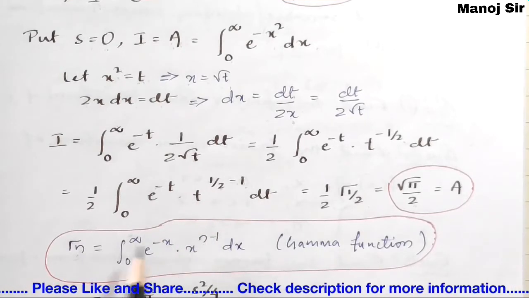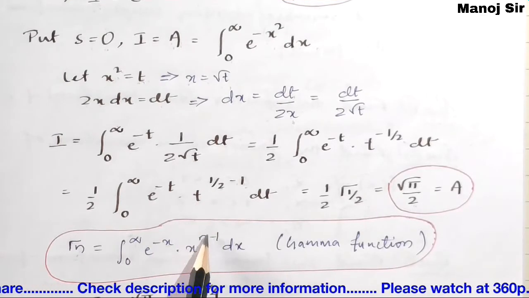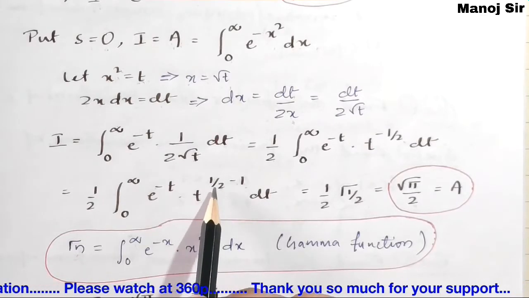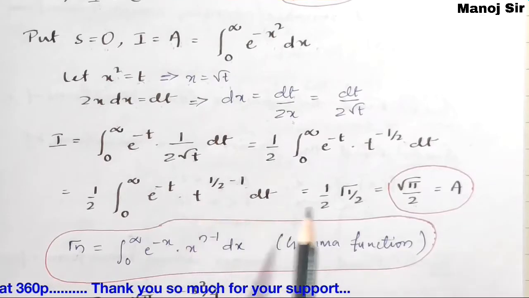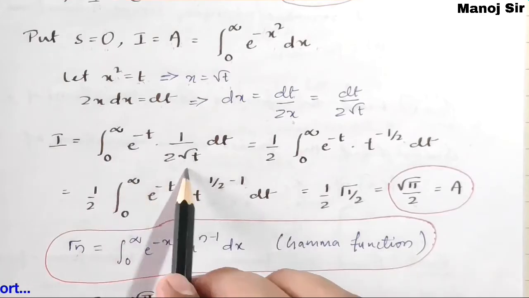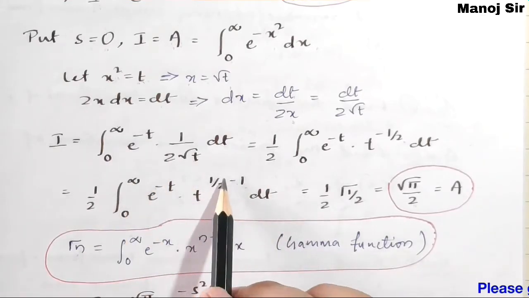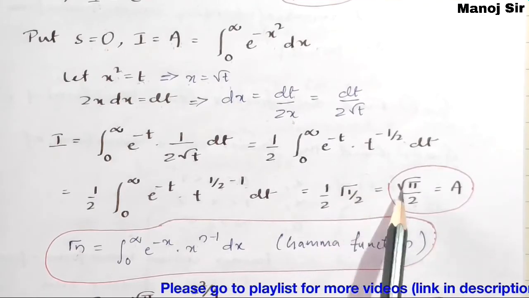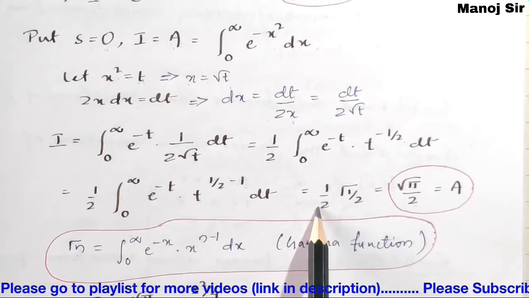So we will write gamma of half. Here the half is as it is, and this part will become gamma of half. And what is the value of gamma of half? That is root pi. So root pi upon 2.